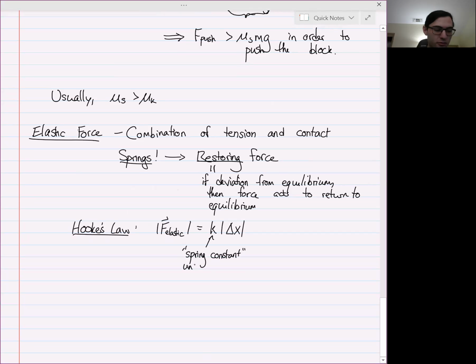It has units, unsurprisingly, of newtons per meter, and it basically tells us how stiff the spring is. So if the spring is really stiff, like if it's hard to stretch or hard to push, it will have a larger spring constant. This delta x, this is the distance that whatever object you're considering is from equilibrium.